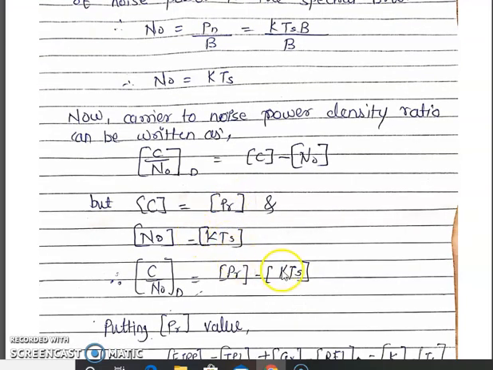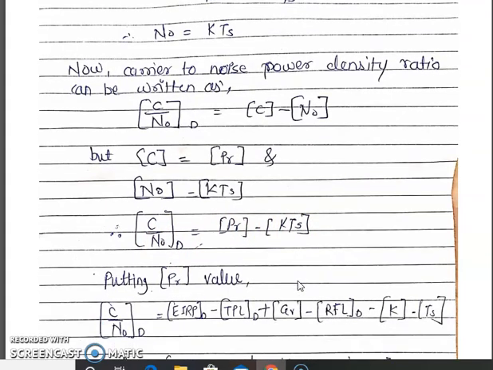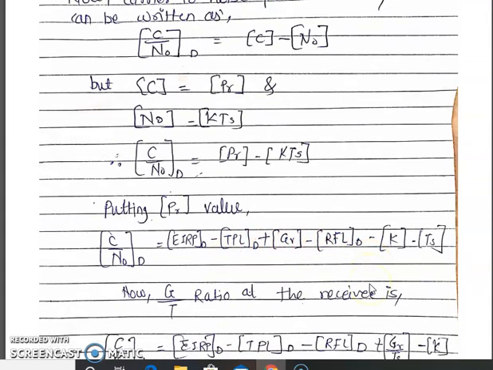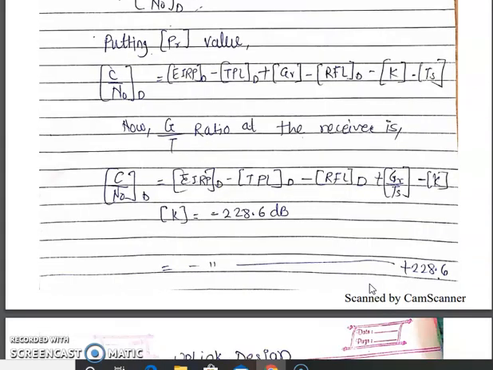So again PR minus KT. That is the carrier to noise spectral density, that is the N0. If simple C by N ratio is there, then the equation is PR minus KTB. Again putting the PR value, same equation repeated. The value of K in dB is always minus 228.6 dB. So it is minus minus, so it is coming plus 228.6.